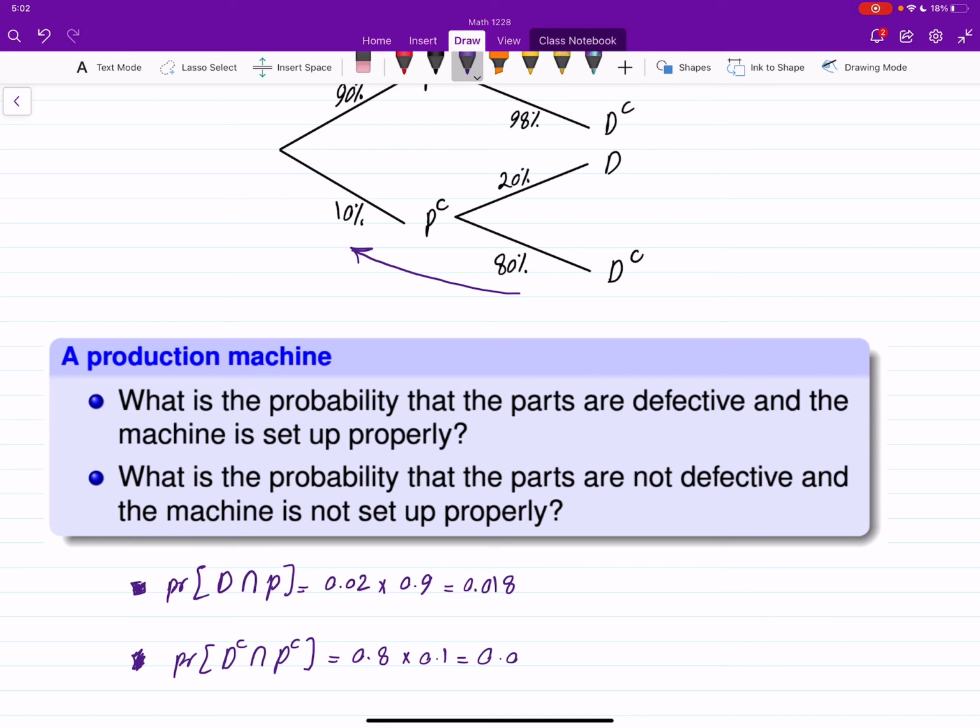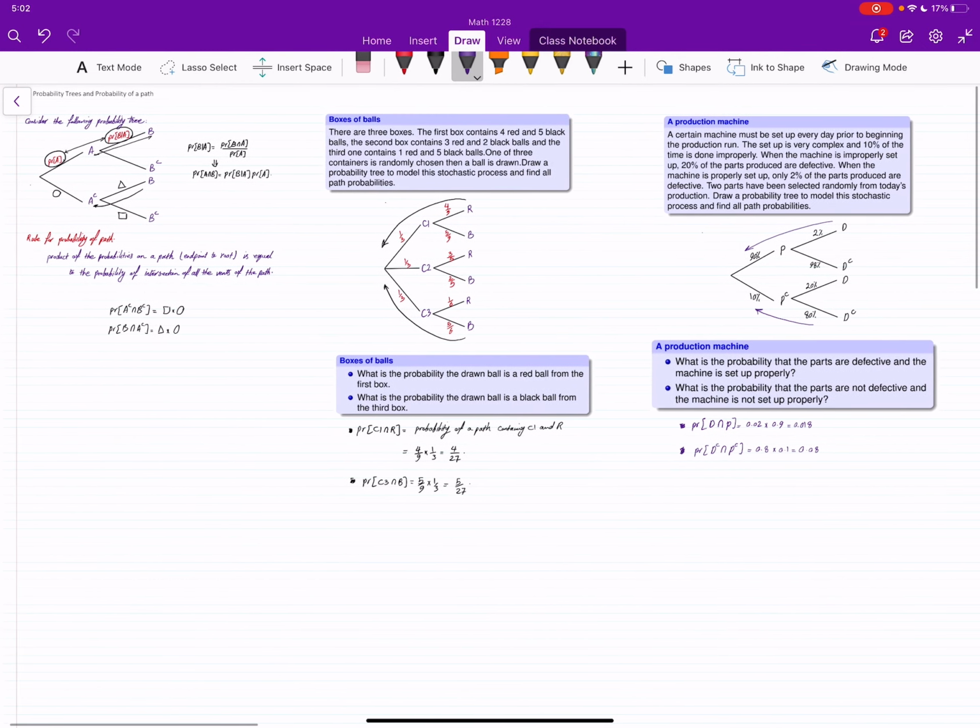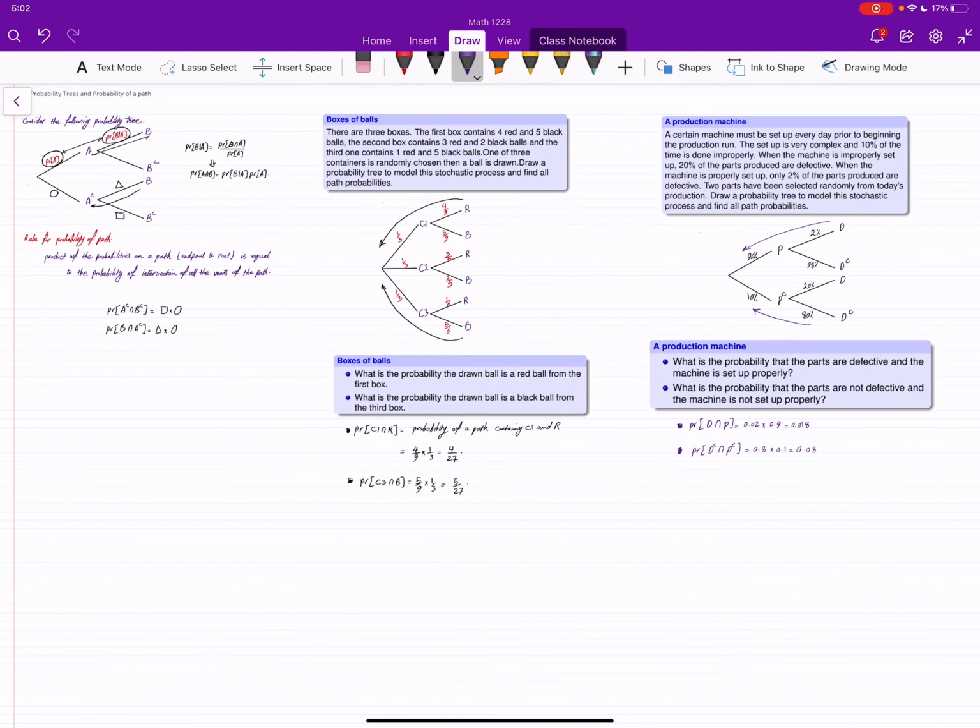Together 0.08 or 8%. Okay, so as you see, this is a simple rule. Probability of a path, the product of the numbers on a path, is equal to the probability of the intersection of the events on the same path.